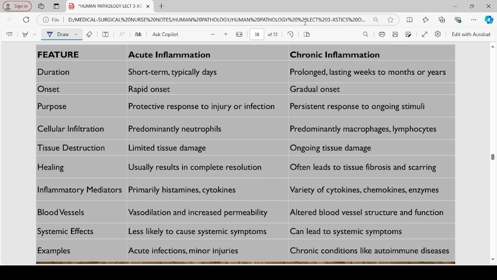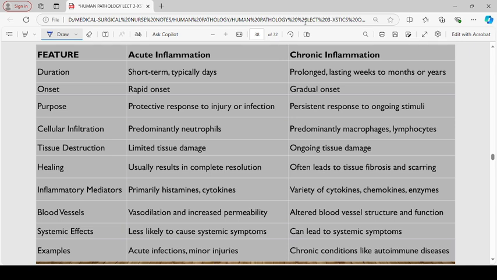Tissue destruction: we have limited tissue damage in acute inflammation as compared to chronic inflammation. Healing usually results in complete resolution for acute inflammation, while chronic inflammation often leads to tissue fibrosis and scarring.